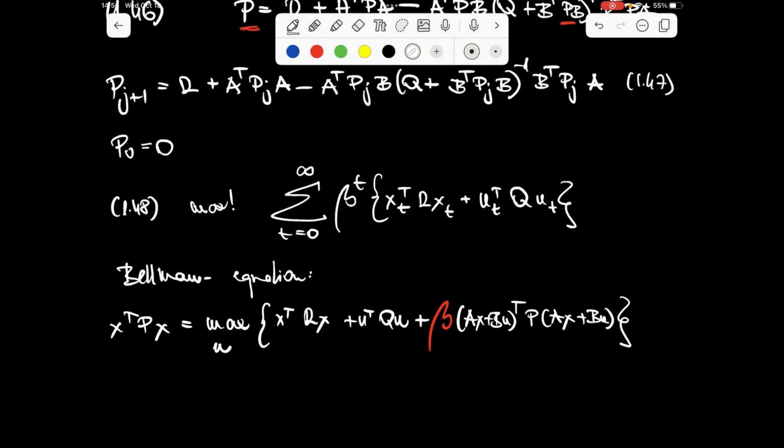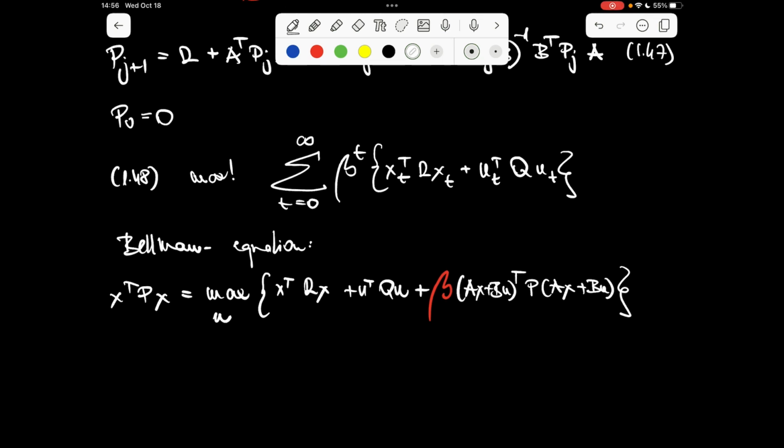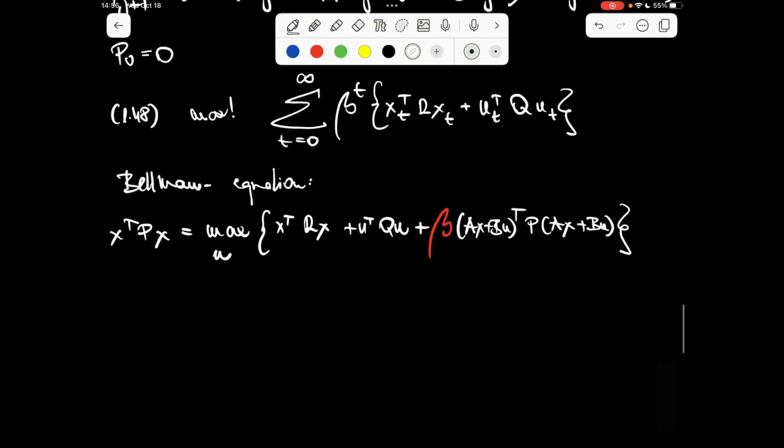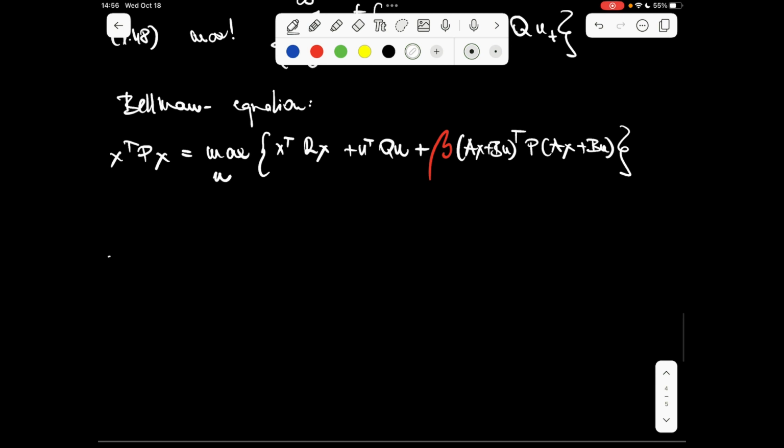Okay. And we maximize this value function with respect to u, the control variable. When expanding on this Bellman equation, we have the following.